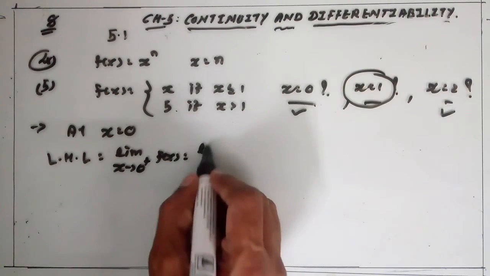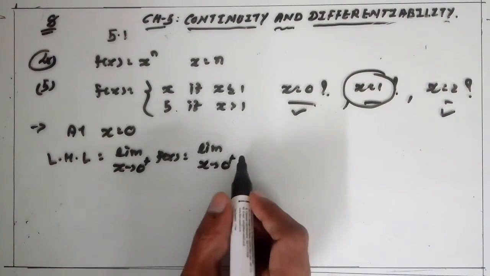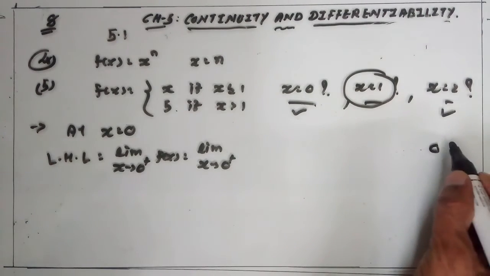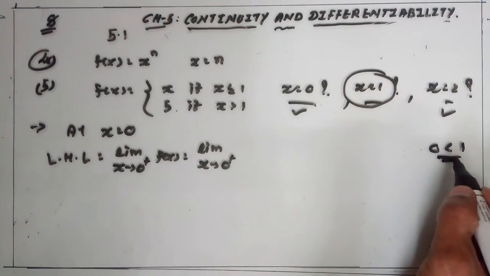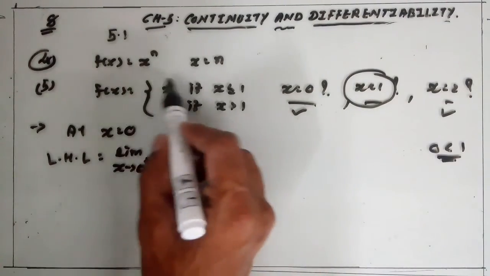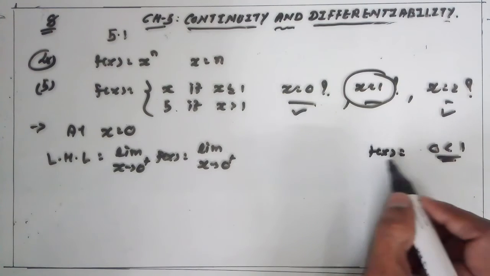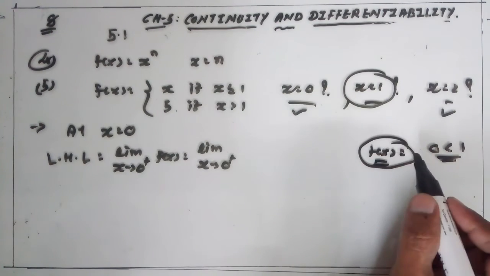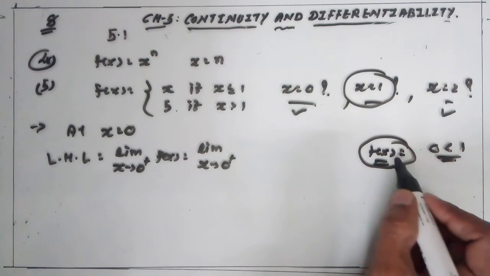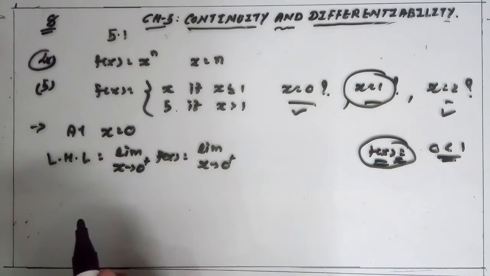Remember this here, 0 is less than 1, given that. So for x less than 1 we have only the function f(x) is equal to x. So we discuss continuity of f(x) is equal to x at x is equal to 0.